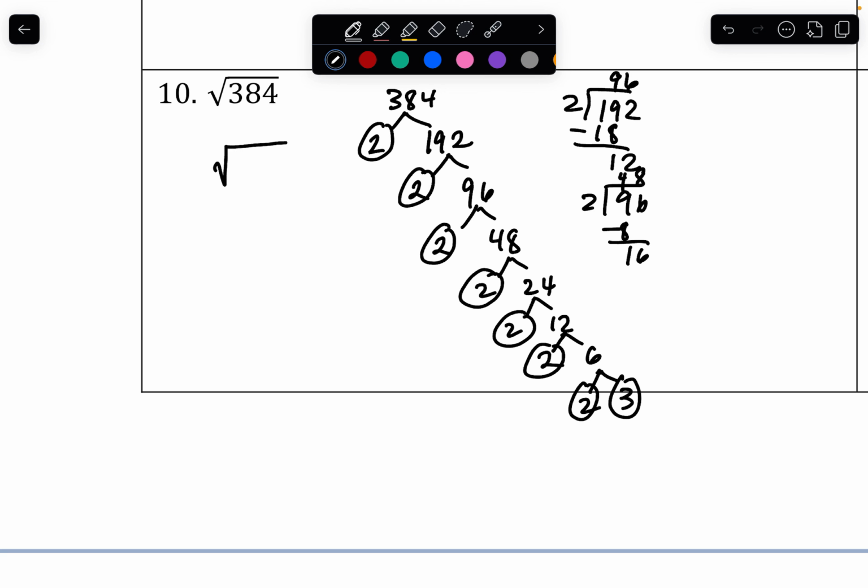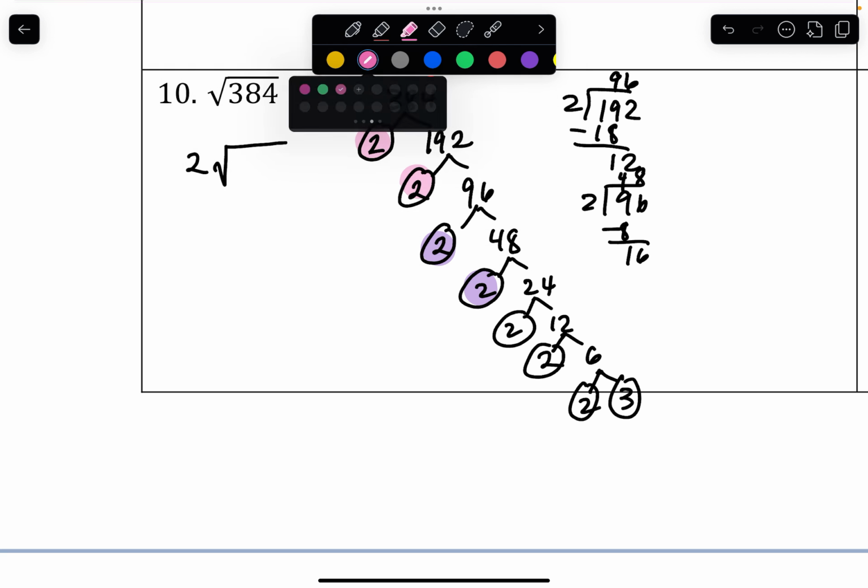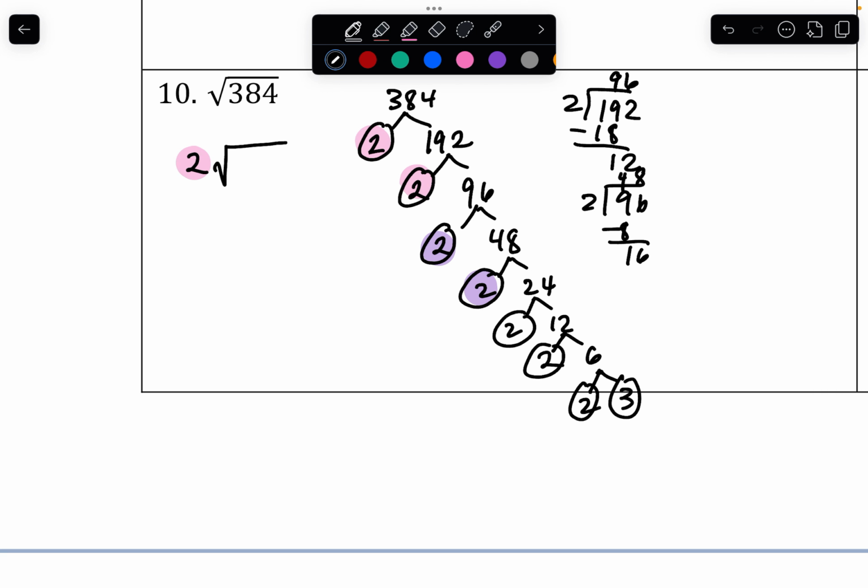All right, so we make our radical, and now we're going to pair them up. So I have a pair of 2s, so 1, 2 outside. I have another pair of 2s. So this was the first pair, second pair, and we're going to multiply them together.